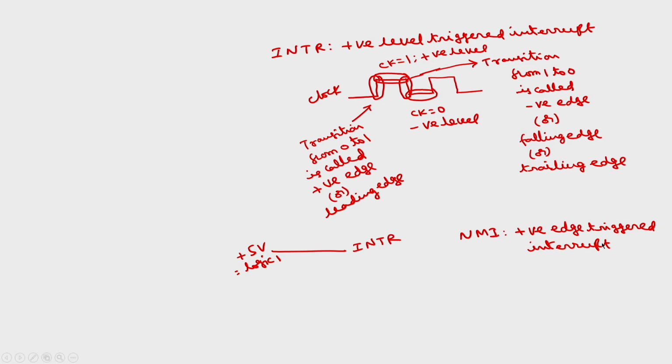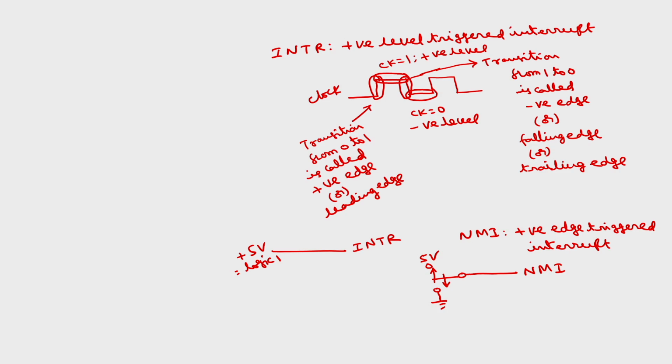That is, if you want to enable this NMI, you have to give a transition from 0 to 1. If this is the NMI signal, this is my ground, this is my 5 volts line, then you take this NMI signal, first you connect to 0, then you connect to 5 volts, and only then this NMI will be enabled.